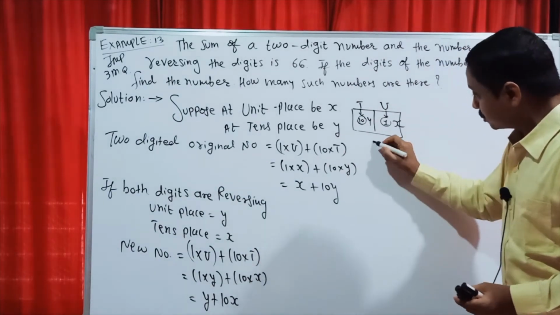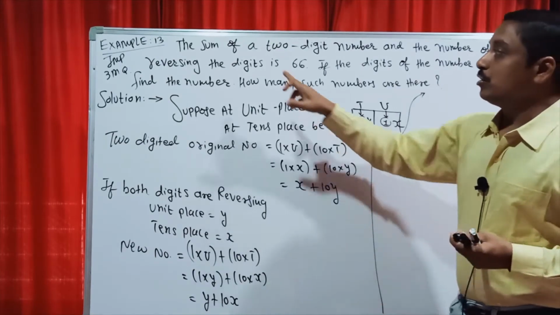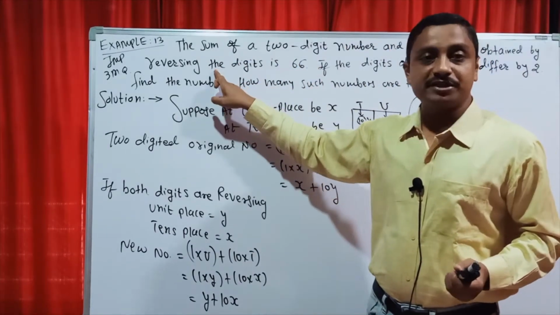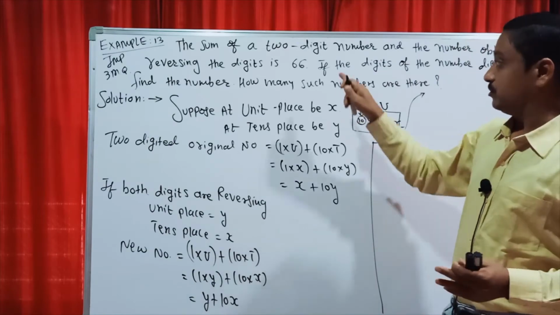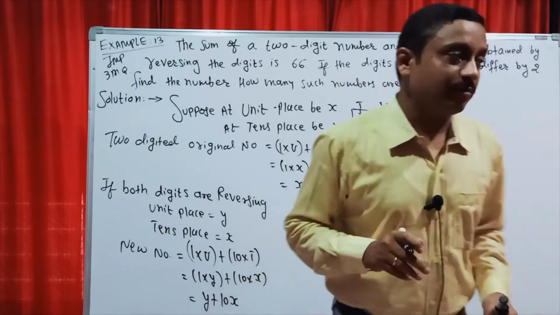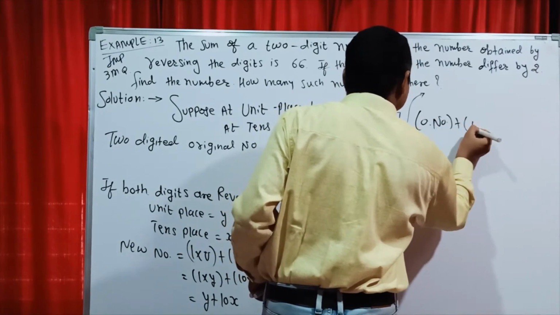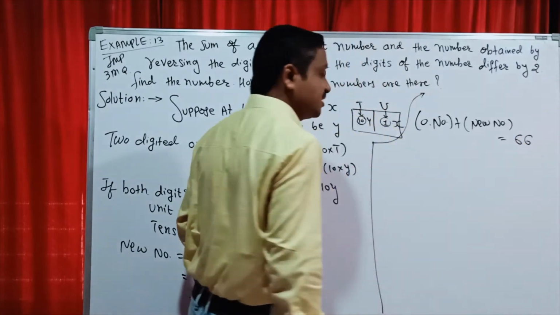Now I read the question. See, students, what is your question: sum of a two-digit number and the number obtained by reversing. It means original number plus new number. It's given 66, so I apply original number plus new number is equal to the summation 66.